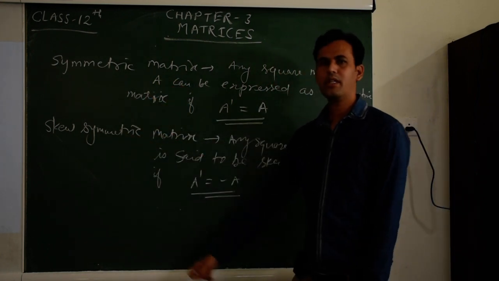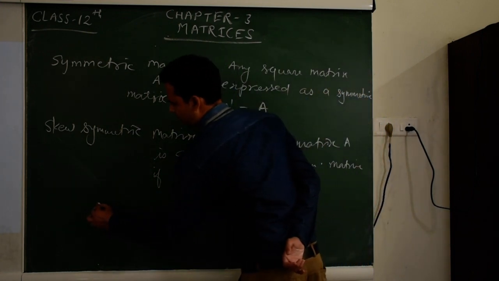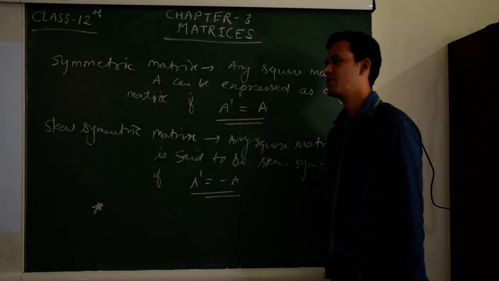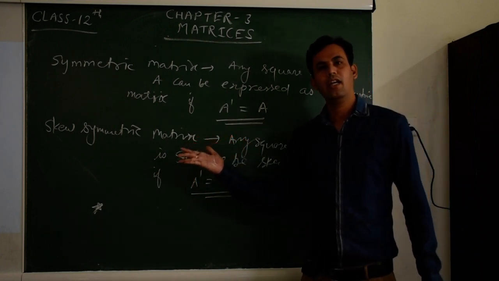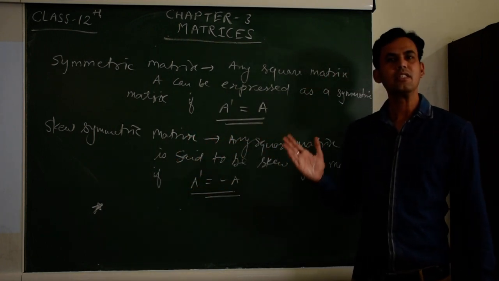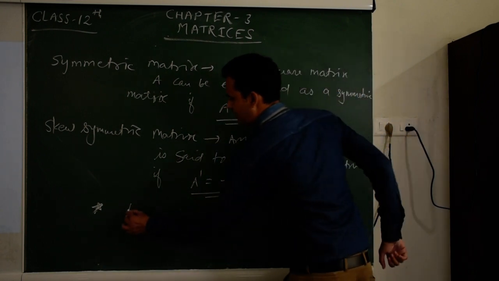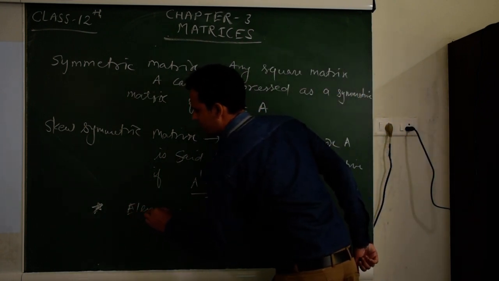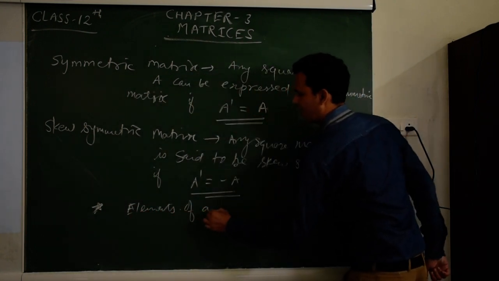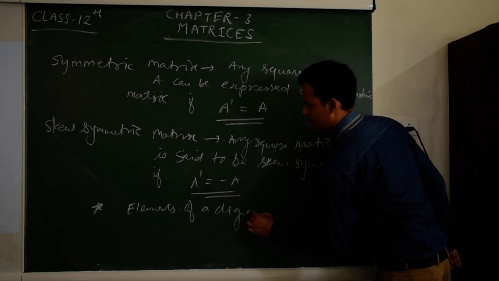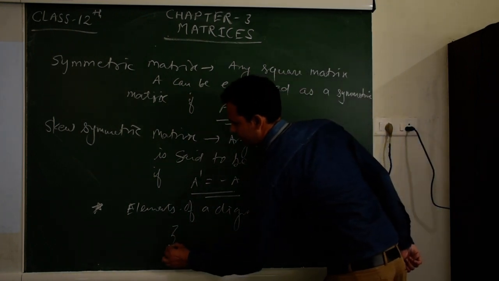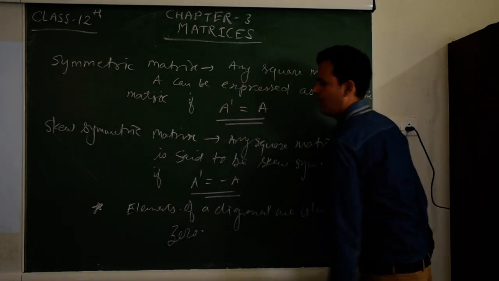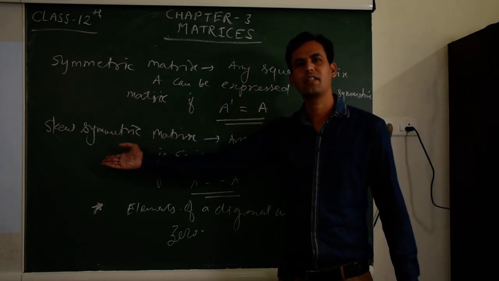One important point of skew symmetric matrix is that in a skew symmetric matrix the elements of the diagonal are always 0.